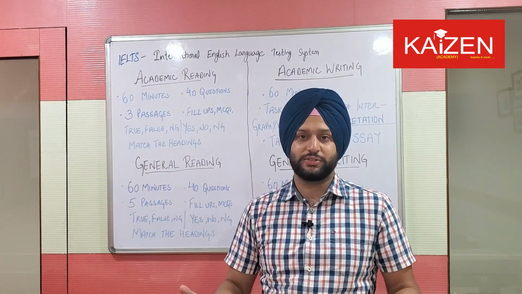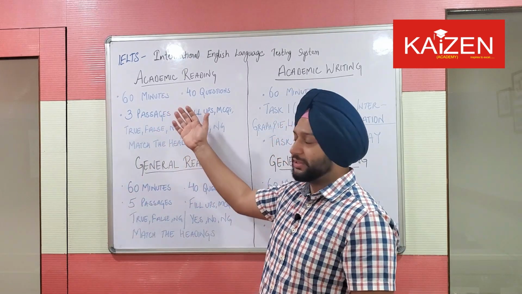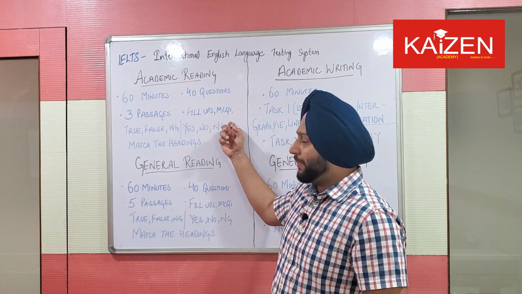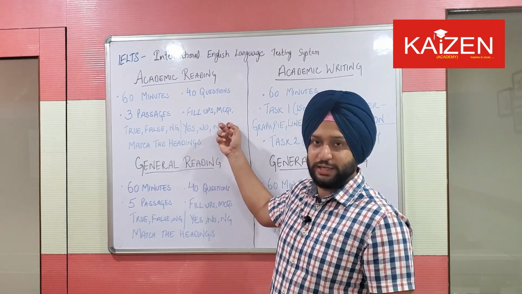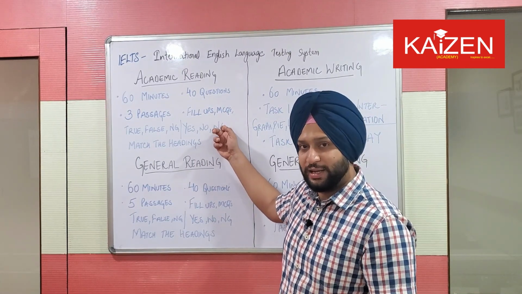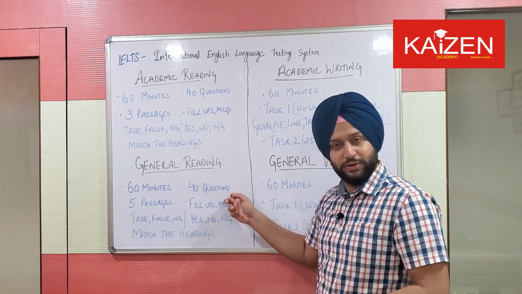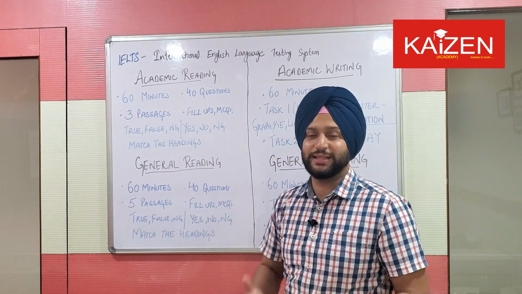So let's say another person has scored 30 in academic reading and the second person has scored 30 in general. So the band score for 30 here in academic reading will be 7, and for the same 30 scored in general reading, the band score will be 6.